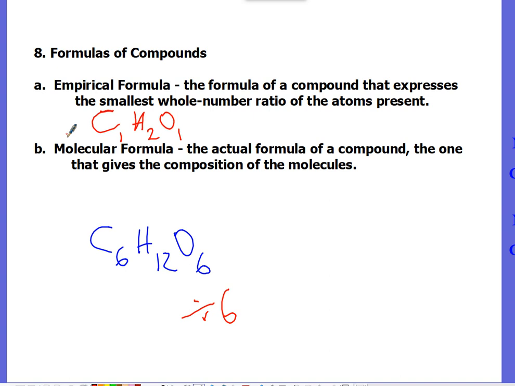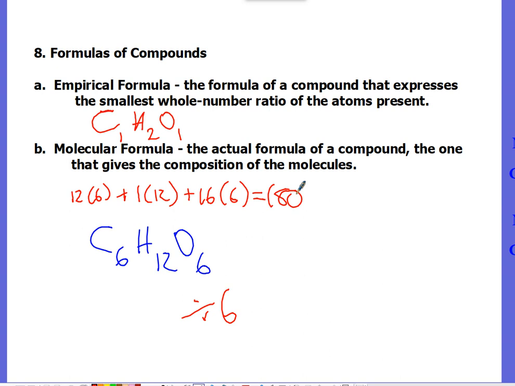If you grab from the periodic table and you go 12 times 6 plus 1 times 12 hydrogens plus 16 for oxygen times 6, you get 180 for the mass of this big molecule.